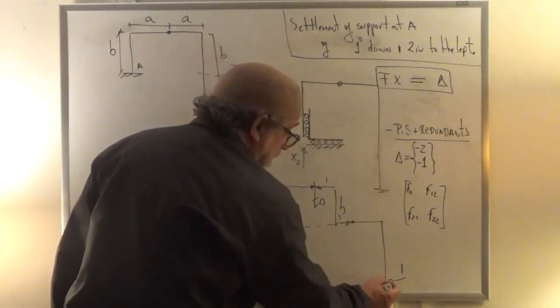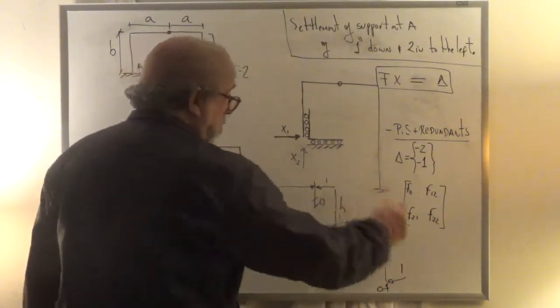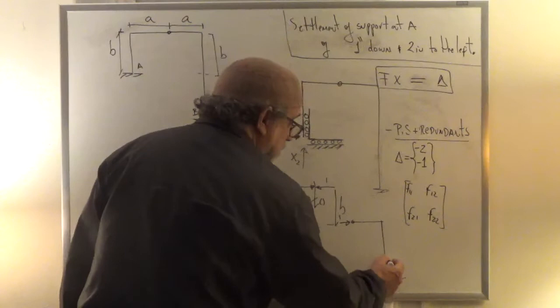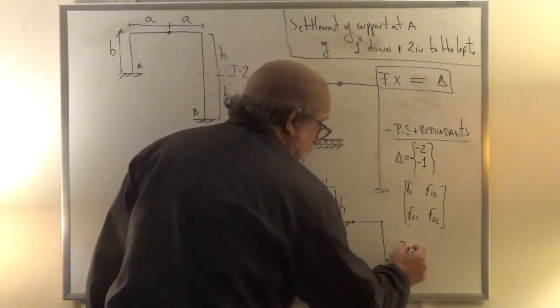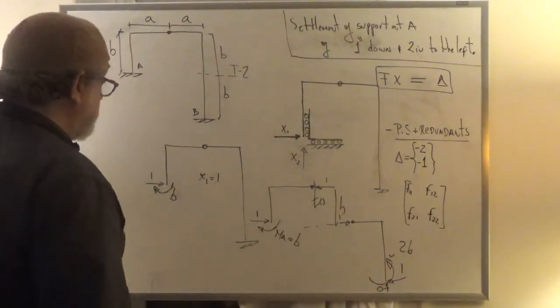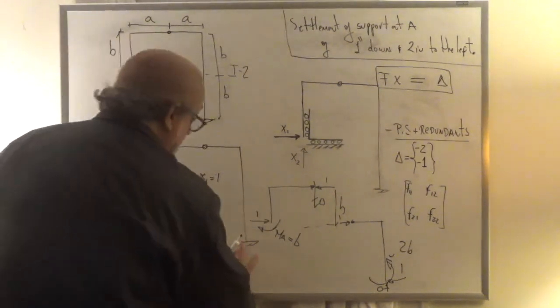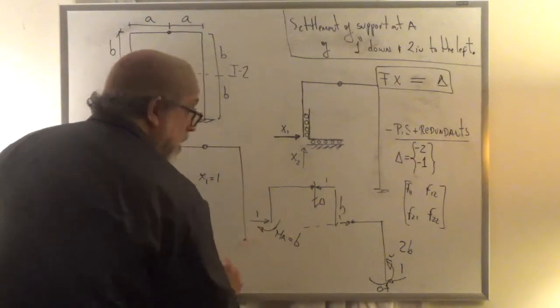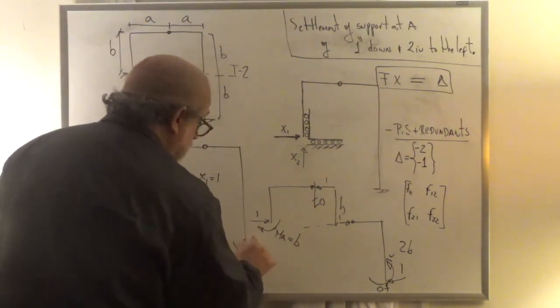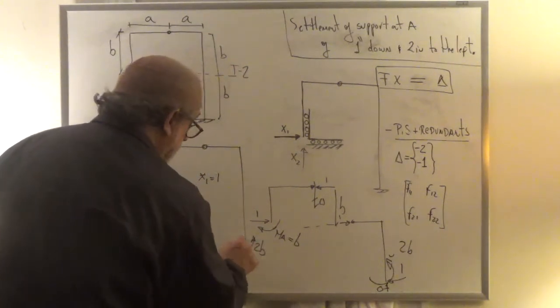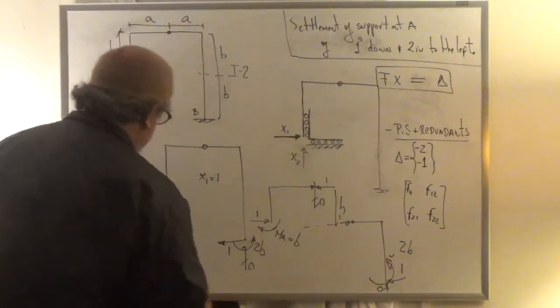Summing verticals, the vertical is 0. And summing moments clockwise gives me a counterclockwise here of 2b, right? And so we find that at this support, the reactions are 2b, 1 this way, nothing vertical.